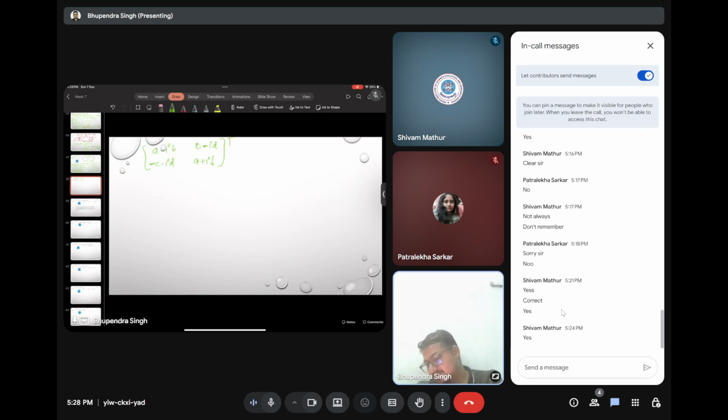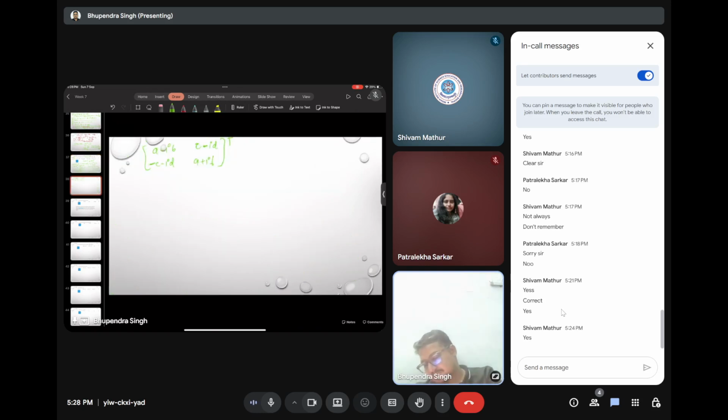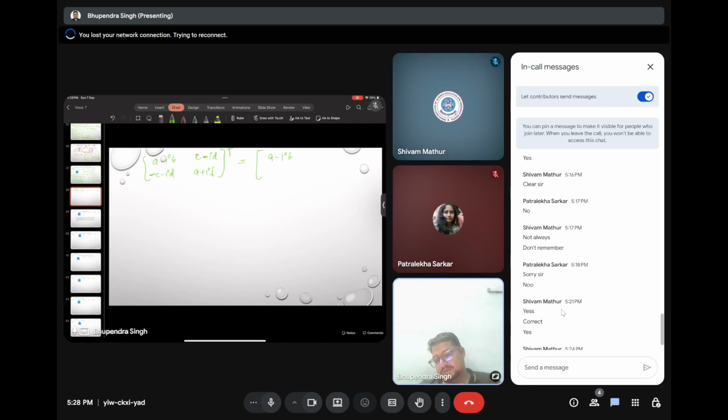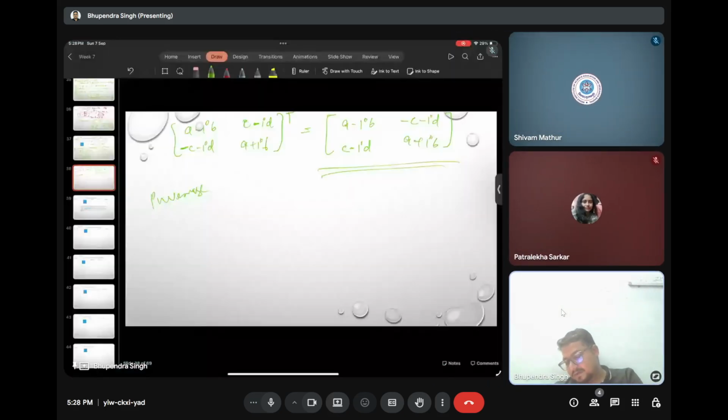Now we have to do the transpose of this, where these two will change their position. And then the inverse of A will be 1 by D times this matrix.